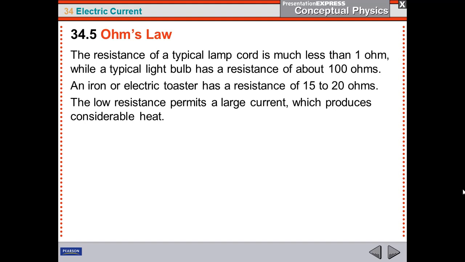In a typical light bulb, especially the filament lamps, the resistance will be high. An iron or electric toaster has a resistance of 15 to 20 ohms. These are heating devices, so they will have more resistance. The low resistance permits a large current which produces considerable heat.